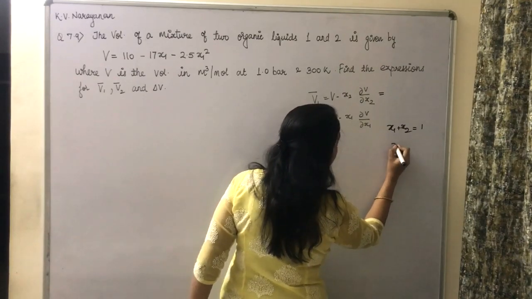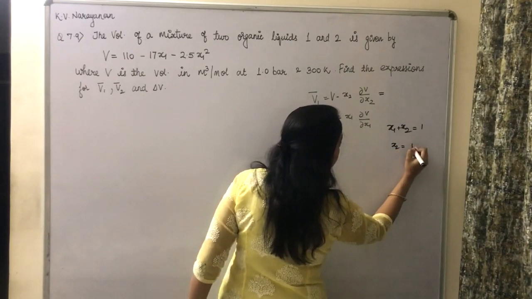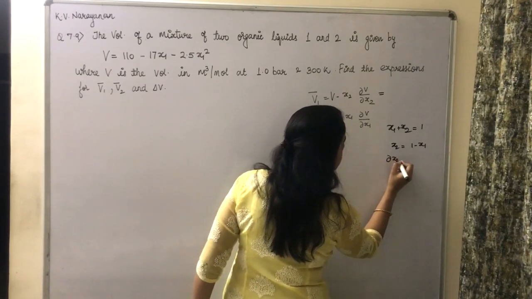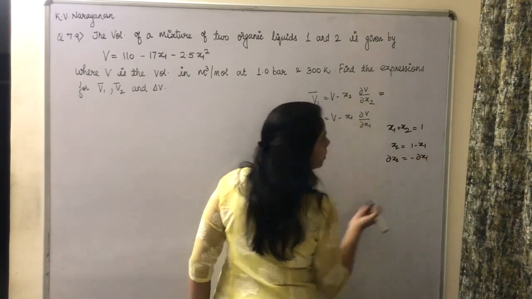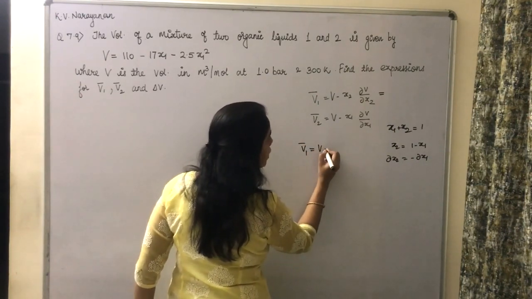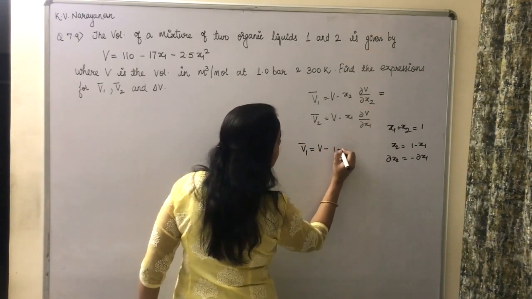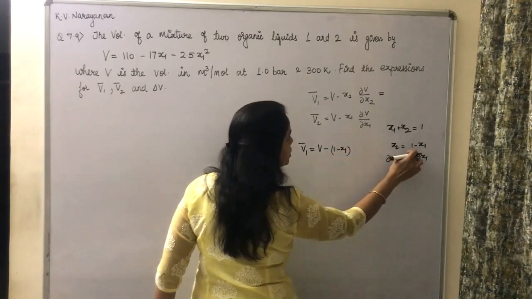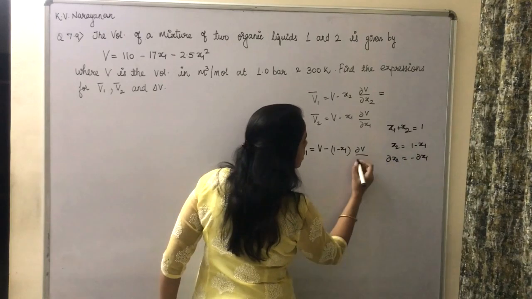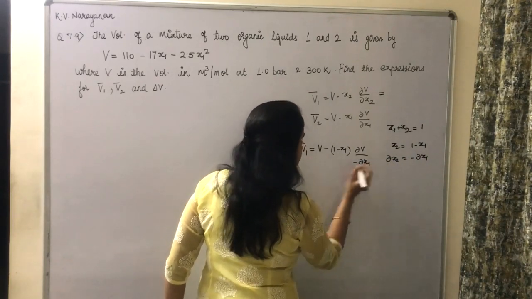And in place of x2 you can substitute 1 - x1, and when you differentiate this, in place of ∂x2 we substitute -∂x1.